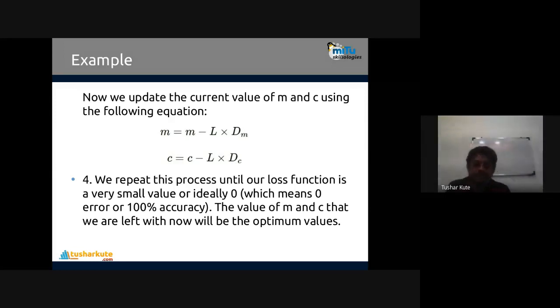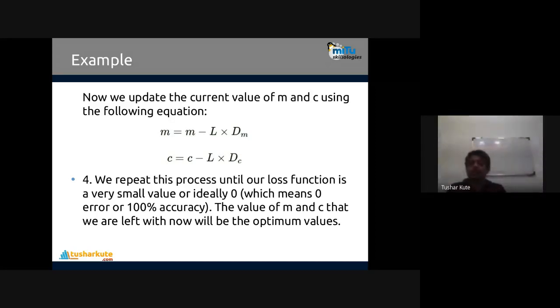We repeat this step until our loss function is very, very small, ideally 0 error or 100% accuracy. Using a formula, we have to do this. The loss function is a very small value or ideally 0.